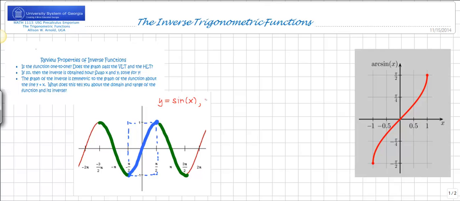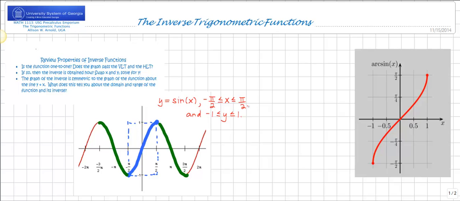Okay, so here we are. We have restricted to a one-to-one portion of the graph that has the exact range of the entire sine function, and that part is important. Okay, we want it to replicate or behave like sine of x.